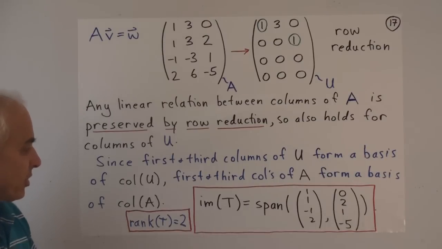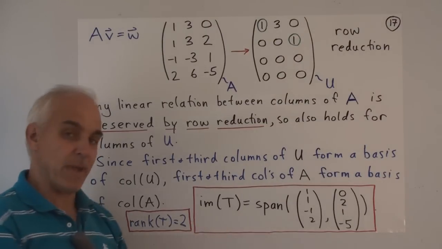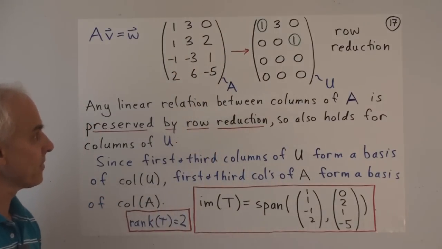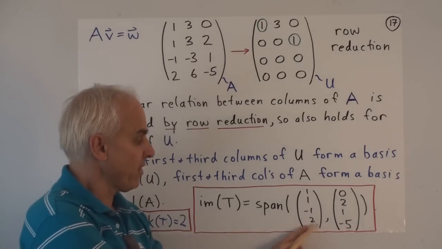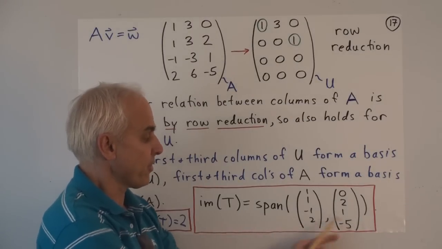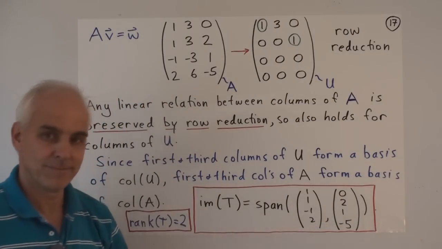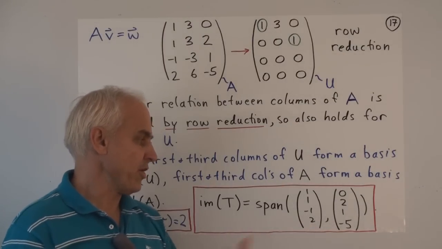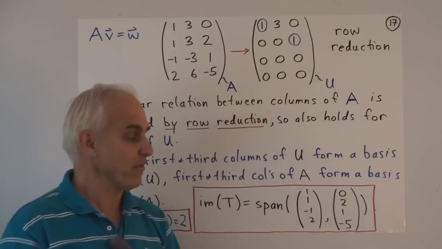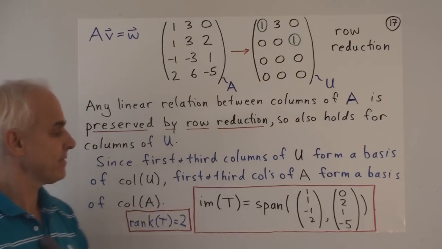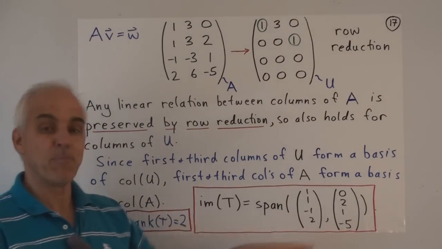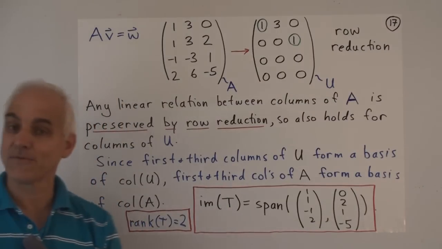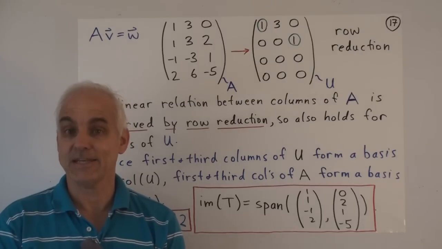And so we conclude that the image of the transformation, which is the same as the column space of the matrix A, is just the span of the first and the third columns of A. And these 2 vectors are not multiples of each other. They're in different directions, so they're linearly independent. And so this really is a plane. It's a two-dimensional plane. Its dimension is 2, and so the rank of this linear transformation is indeed 2.